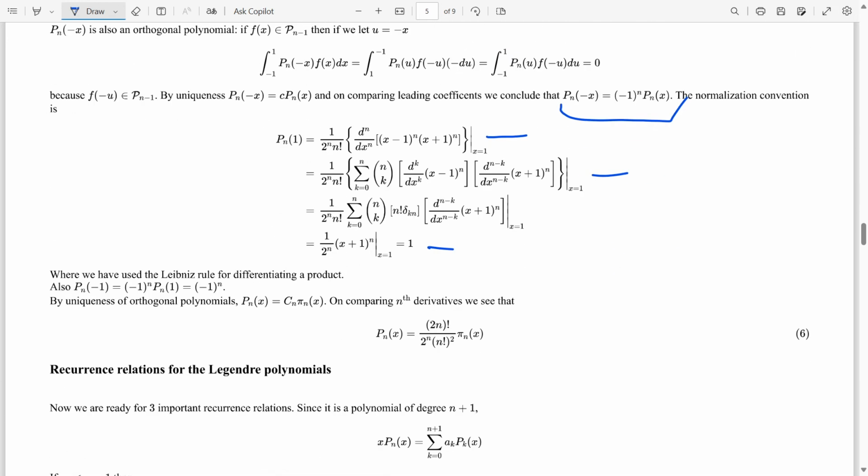By the definite parity, Pn of minus 1 is minus 1 to the n. Now, if we compare nth derivatives of Pn of x and pi n of x, knowing that by uniqueness Pn of x is just a multiple of pi n of x, we see that the multiple is this stuff.